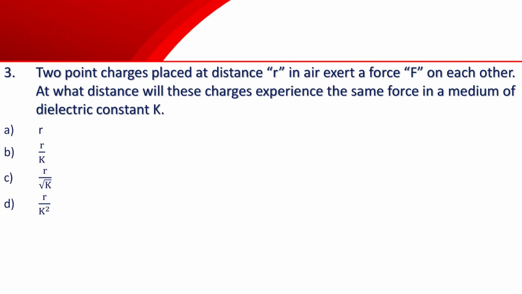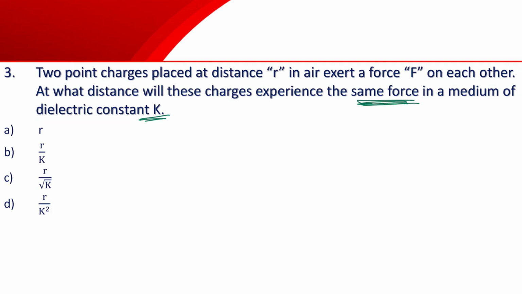Next, two point charges placed at distance r in air exert a force F on each other. At what distance will these charges experience the same force in a medium having dielectric constant K? Means two situations they have given, with the same forces, and the distance may be different.